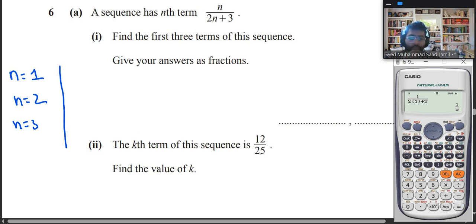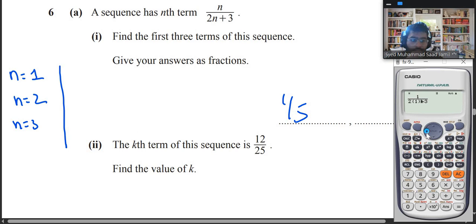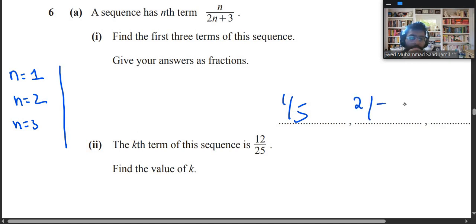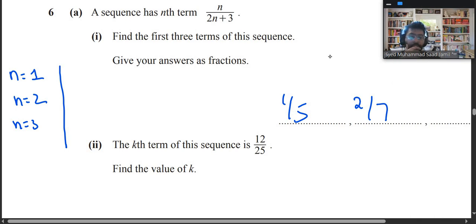So it's 1 upon 5. Then 2, and this also 2. So it's 2 upon 7. Then 3, so it's 1 upon 3. So these are your answers.